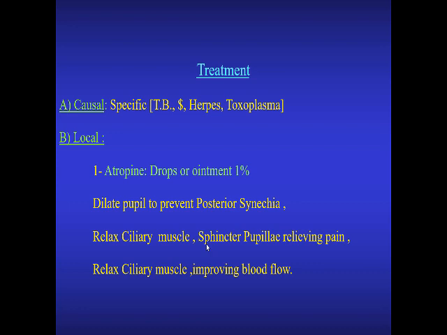Regarding local treatment, atropine is very important in acute iridocyclitis, as it dilates the pupil to prevent posterior synechiae, relaxes the ciliary muscle and sphincter pupillae, relieving the pain, and improves blood flow.